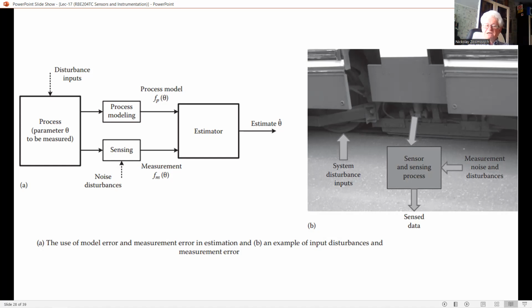Clearly, if the measured quantity itself changes with time, one has to use a recursive or time-varying approach of parameter estimation.